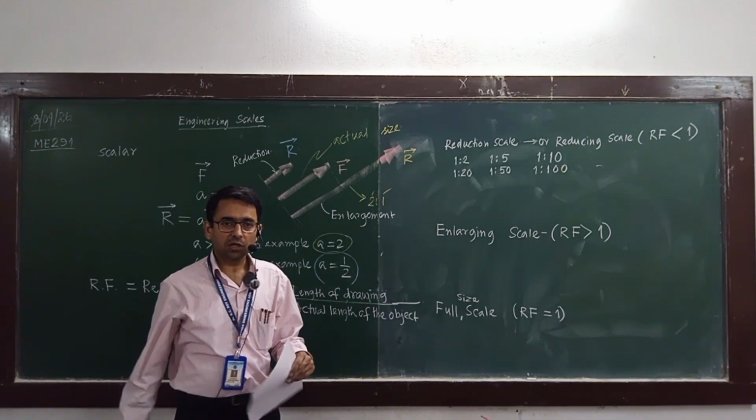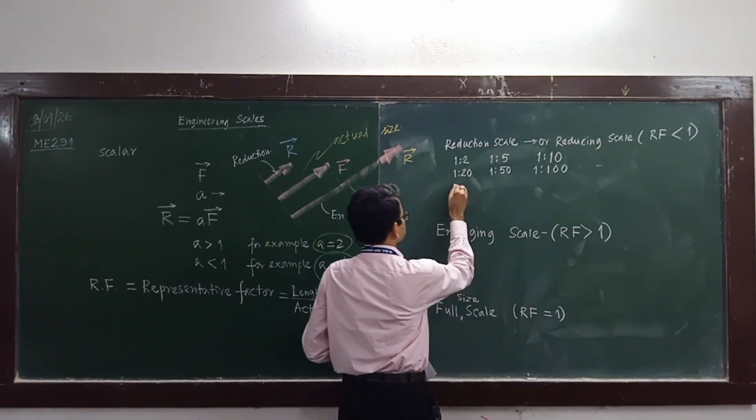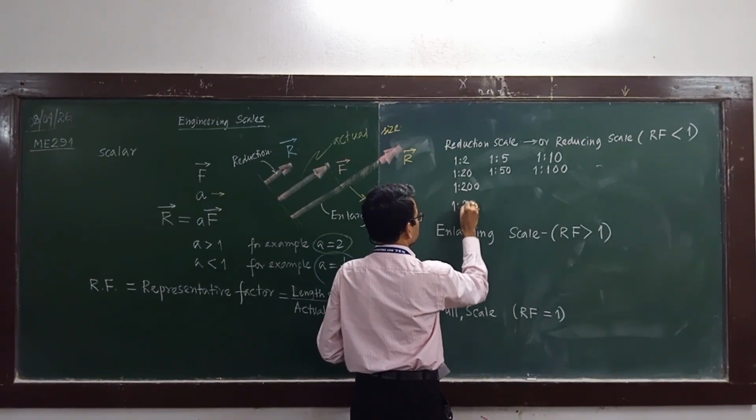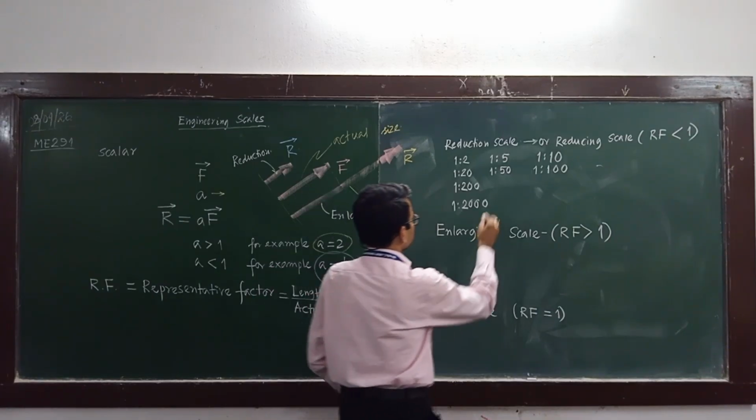So like that it will grow. Then 1:200, 1:2000. So this way you can compute.